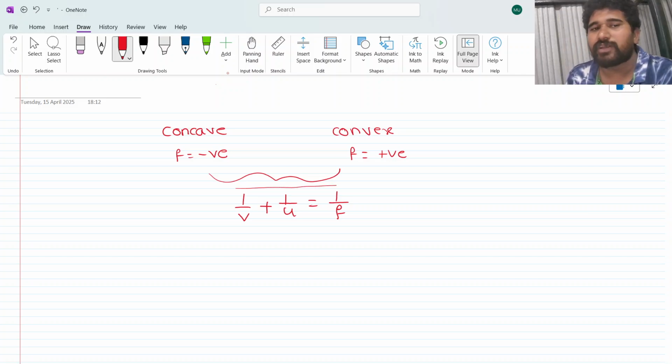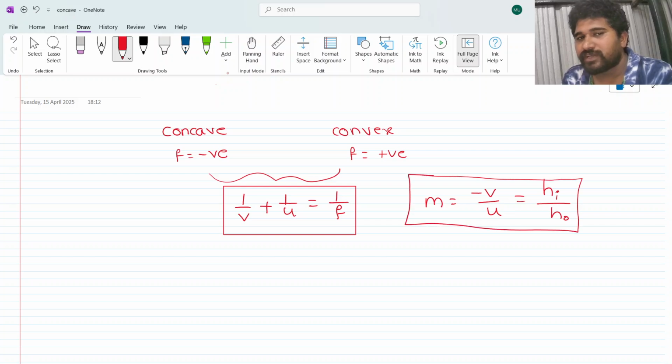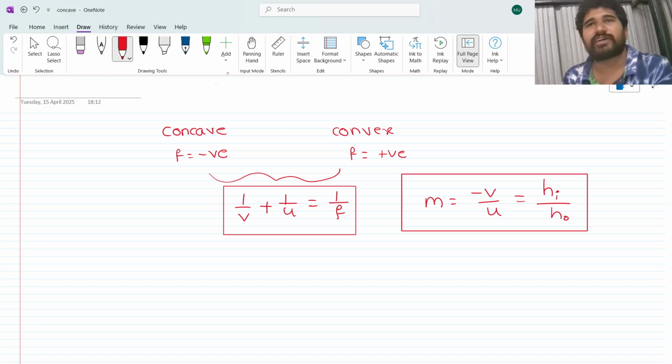Apart from this formula, we have one more very important formula. Magnification M is equal to minus V by U, which is also equal to height of the image by height of the object. Is that clear for everybody? Yes or no?